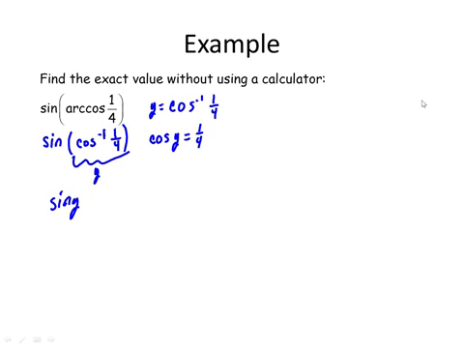Watch this. If this is y, cosine is what? Adjacent over hypotenuse. But I need sine. What is sine? Opposite over hypotenuse. So, uh-oh, we have a problem, because we don't know opposite, but we can figure it out.